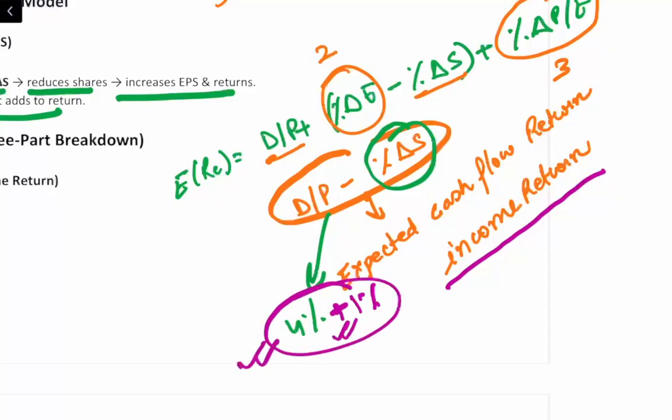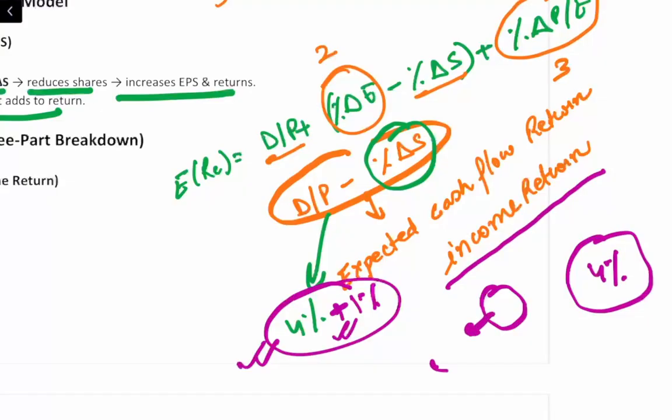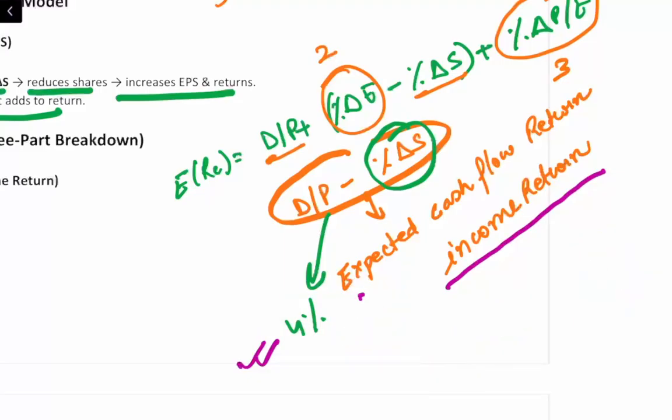Now they will get this additional 1% because income is coming to the company. Earlier it was getting distributed among 50 people. Now it is getting distributed among 40 people. So earlier I used to get 4% income. Now my income is 5%. Clear? Expected cash flow return. So this is our first grouping.